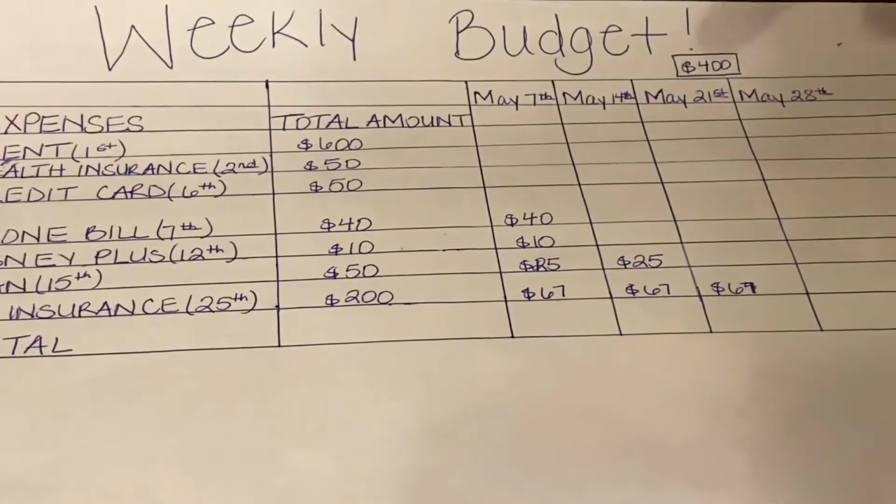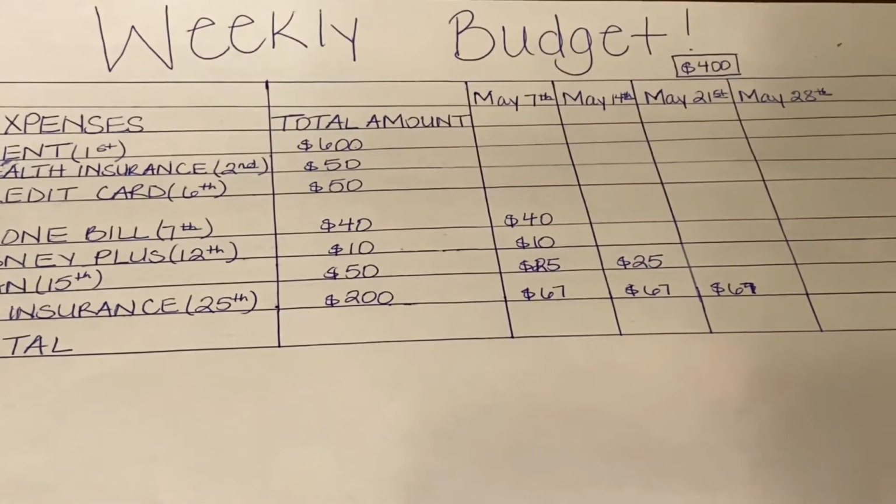So now let's go over to these 3 up here. Being that it is May 7th, that means rent would have already been paid, health insurance would have already been paid, and our credit card bill would have already been paid. So we're gonna start saving up for the next month, which is June.